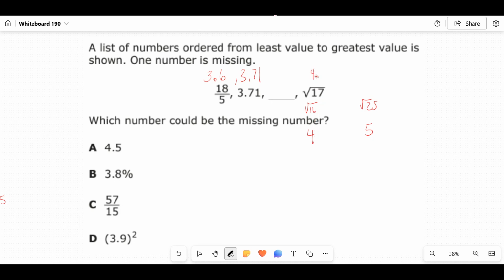So we can approximate this to be about 4.1-ish. That works out well. Now, I'm looking for the number that's going to fit in between 3.71 and 4.1.